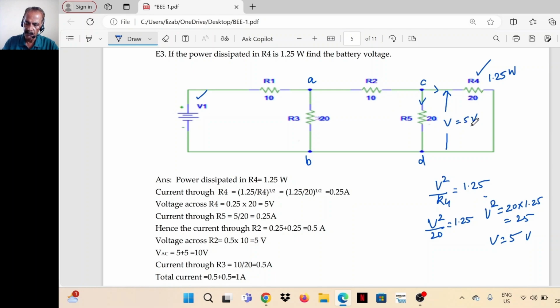So V is 5 volt, R4 is 20, so current is 5 by 20, 5 by 20 is 1 by 4, or 0.25 ampere. R5 is also 20, so V is 5 volt, R5 is 20 ohm, so current through R5 is 5 by 20, that is 0.25.